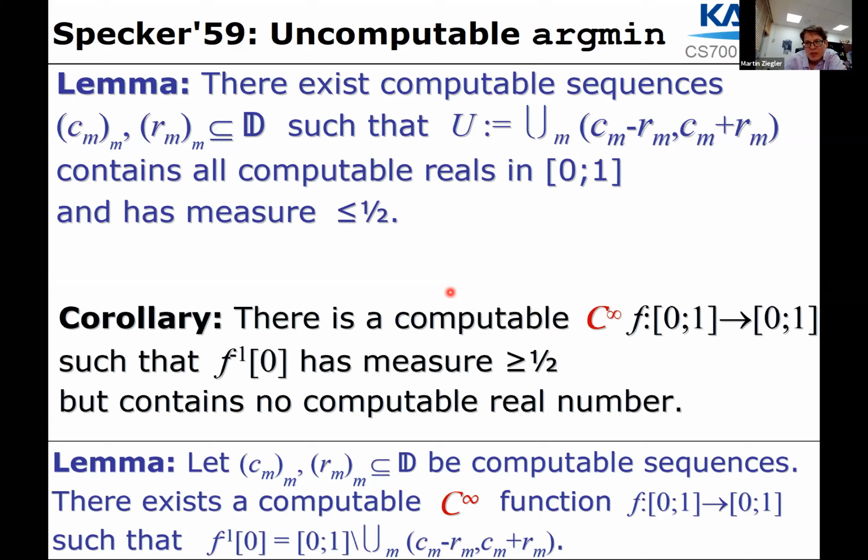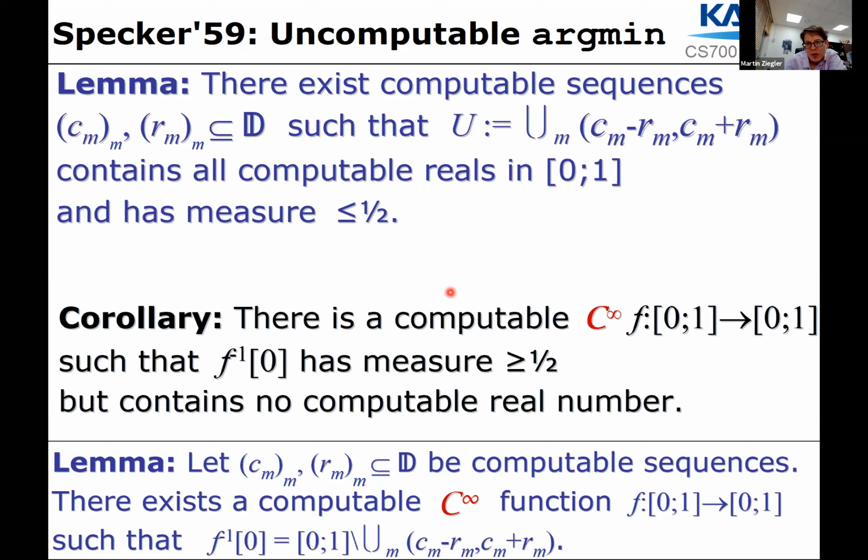Our second, building on that, was the Pour-El–Richards construction of an initial condition to the wave equation which is computable, but the solution of the wave equation is not computable at time 1 in the origin at 0.